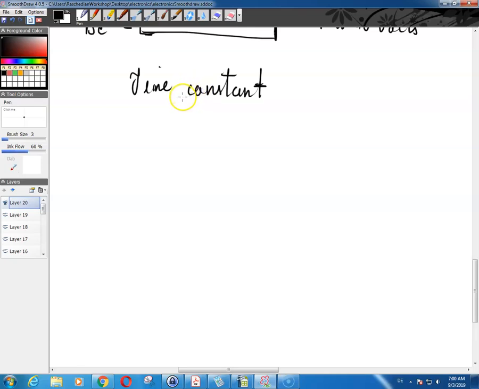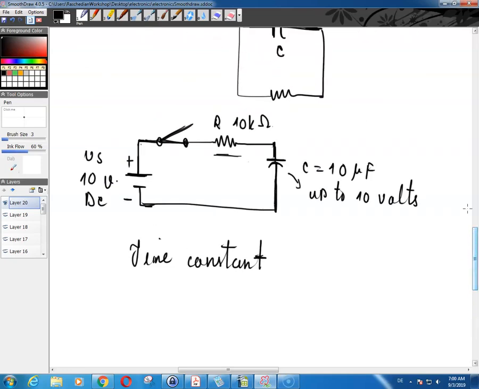If you want to know how long it takes the capacitor to reach the voltage of 10 volts in this circuit, you need to know a couple of things and a graph essentially about how the whole thing happens, and we will talk about that shortly.